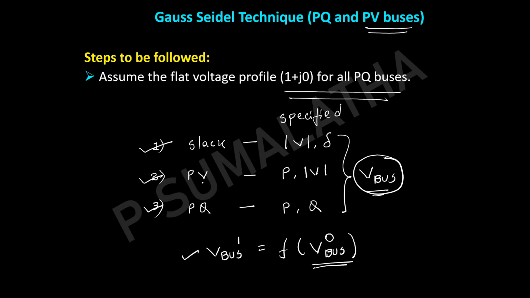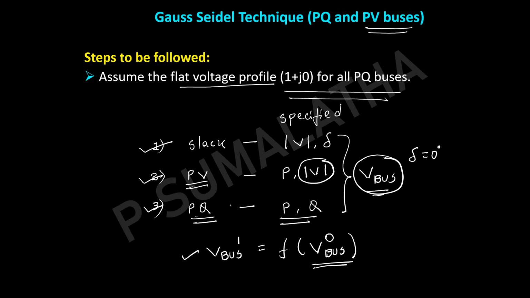If you see the PV bus, they will already give you the voltage. So we will assume the phase angle, in general, to be 0 degrees. Now coming to the PQ buses, we won't know any voltage for the PQ buses. That is why we have to assume a flat voltage profile, 1 plus j0, for all the PQ buses.